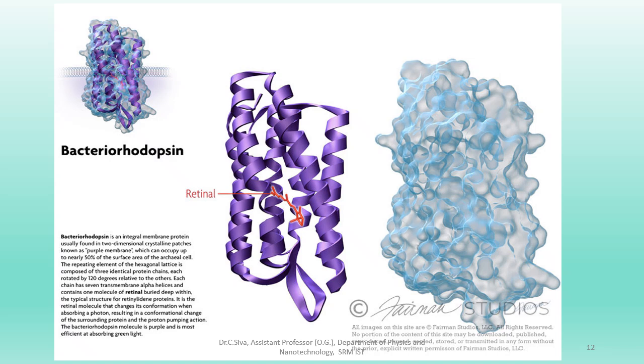Here you can see the bacteriorhodopsin, which has 1, 2, 3, 4, 5, 6, 7 helical structures, where the retinal is found inside.